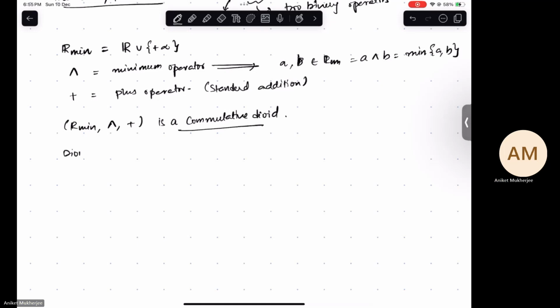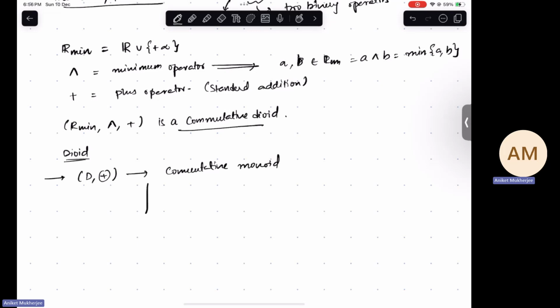So, first property: the set and the first operator should be a commutative monoid. Now for this to be a commutative monoid, what are the properties it should have? The operator is associative and commutative.